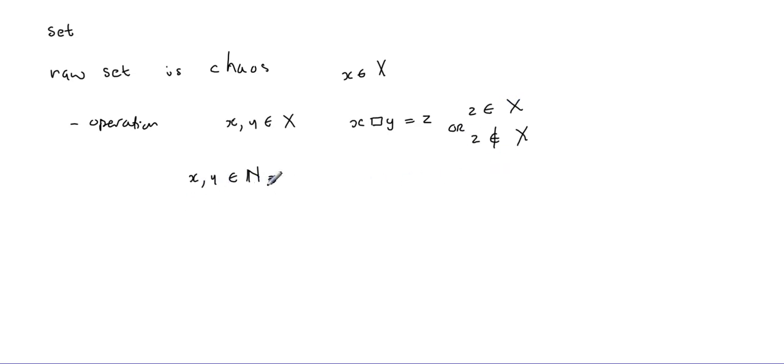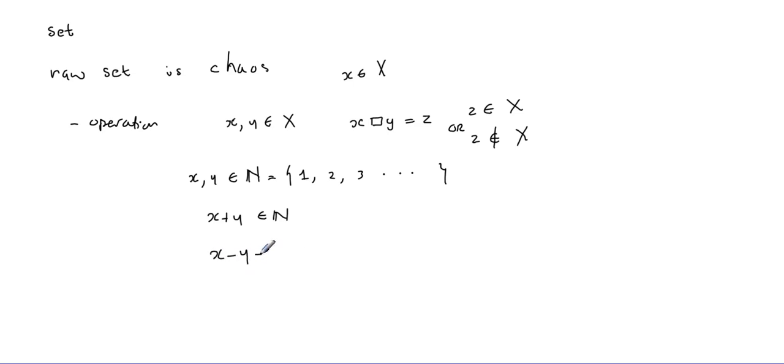So if we take the example of natural numbers, we start from 1, 2, 3, and so on. We know that if we take this kind of operation, the result will always be a natural number.